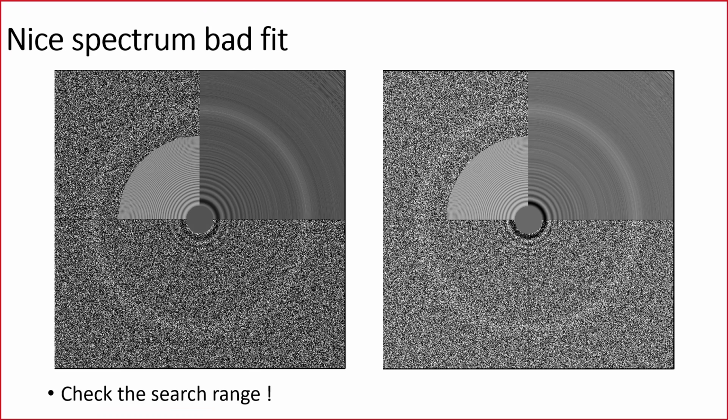Also, what's happening sometimes is that you have very nicely visible tone rings on the measured data, and you have very misfitted tone rings on the simulated data. This usually is because you've chosen the search range for your CTF estimation in a wrong range. As we said, we are varying the defoci. We usually set up a lower bound and the upper bound of the focus because we don't expect that we are going from 0 till 100,000 microns of the focus.